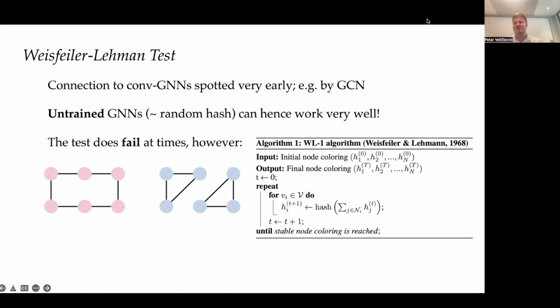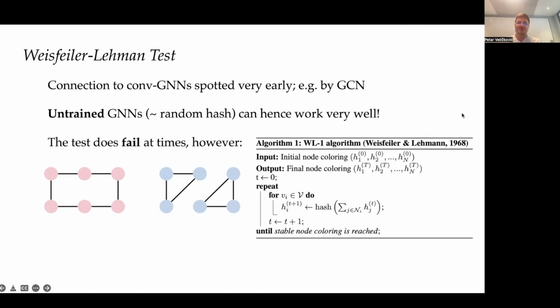However, even though this test, as I said, is very powerful for many graphs in the real world, it still fails on some painfully simple cases. This is one case. It cannot tell apart a 6-cycle from two triangles. Okay, so to the naked eye, these two graphs are very different, but from the point of view of the Weisfeiler test, every single node is structurally exactly the same in those two graphs, so it has no way of telling them apart.